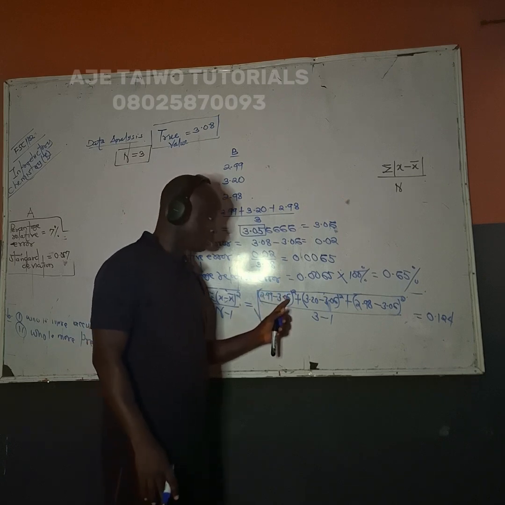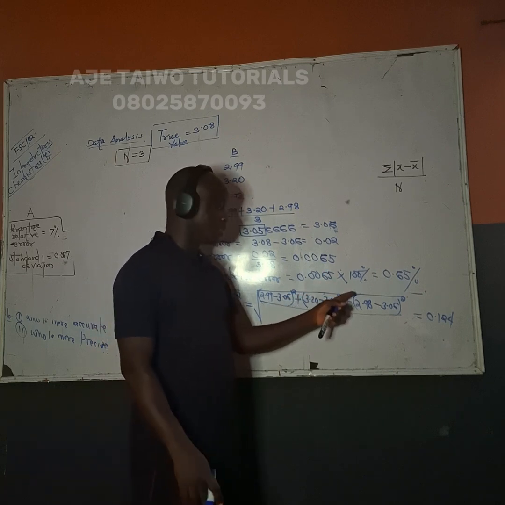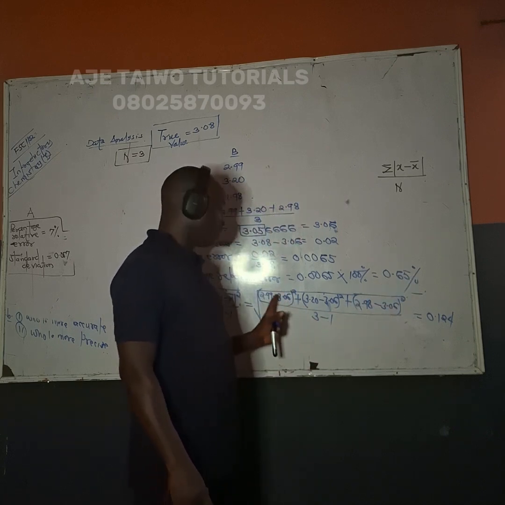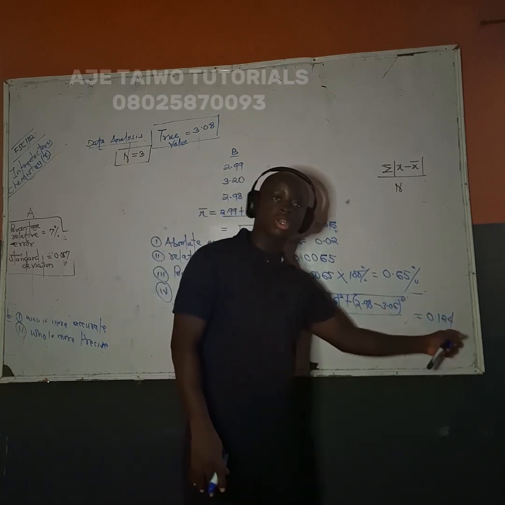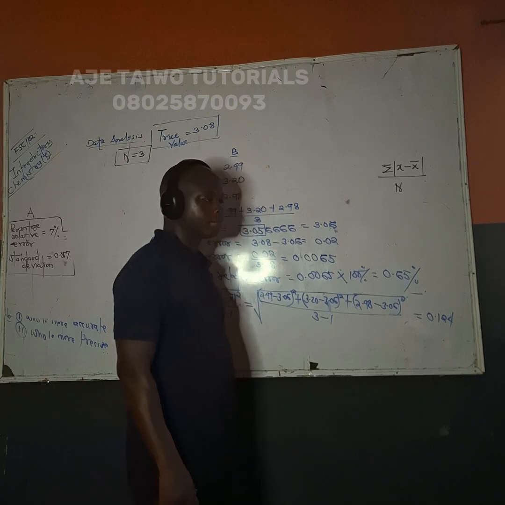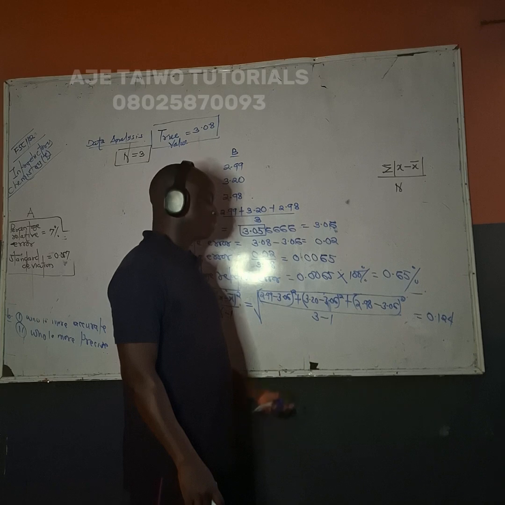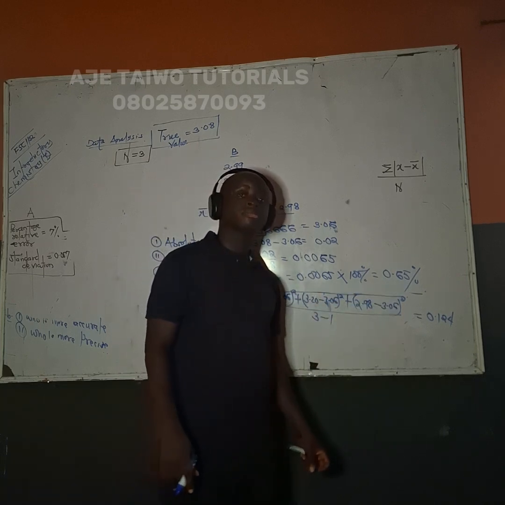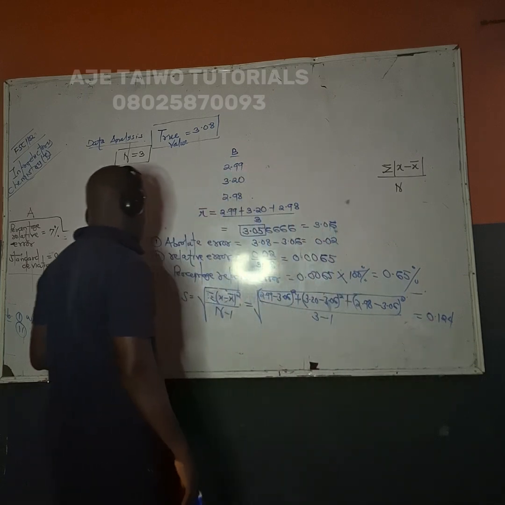This minus this squared plus this minus this squared plus this minus this squared. Divide the addition of this by 2. Find the square root. What do you get? You must divide by 2. You must find the square root. Good. Let's take that as final.